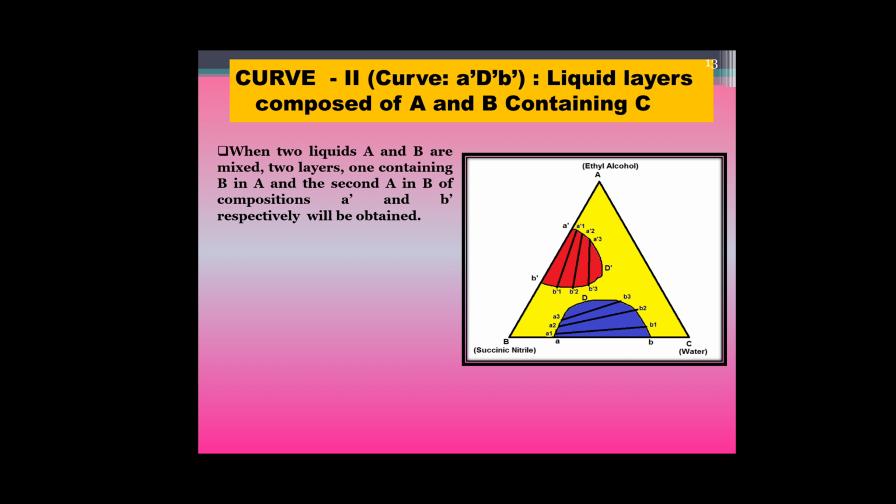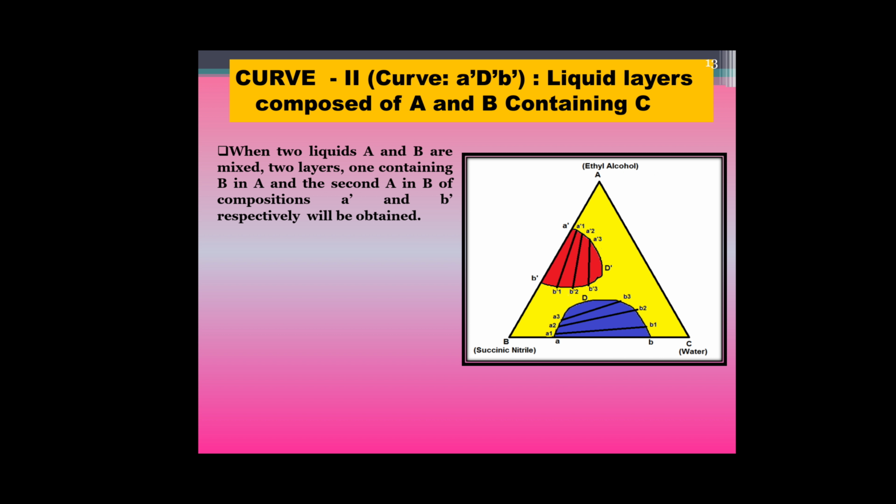For the diagram description, when two liquids A and B are mixed, two layers are formed. One containing B in A and the second one A in B, of composition A dash and B dash respectively, will be obtained.